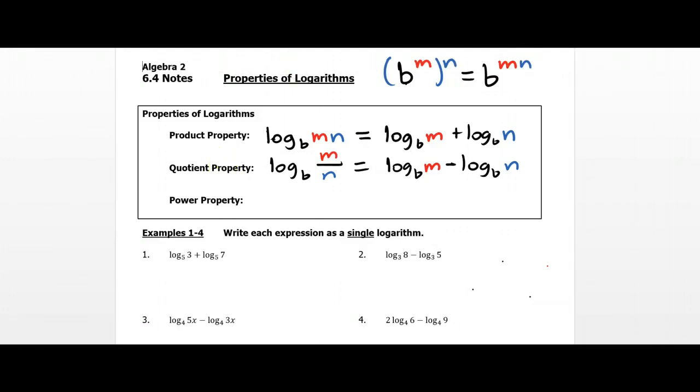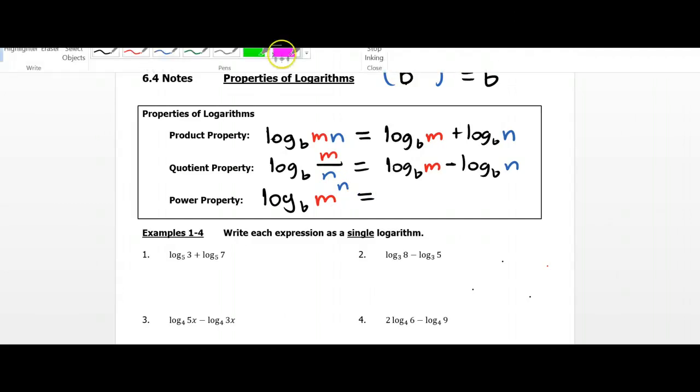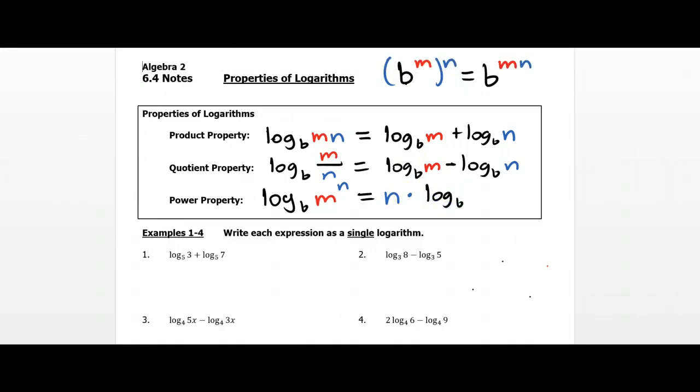Well, when you have a logarithm, so log base b of a power, we'll say m to the n power, this property says that I take the product of the exponent times the log. So really that would be the same thing as the power, in this case n, times the logarithm log base b of m.